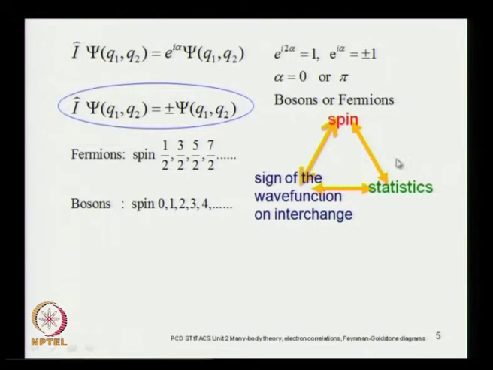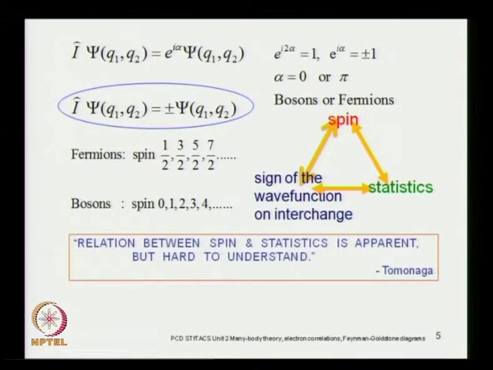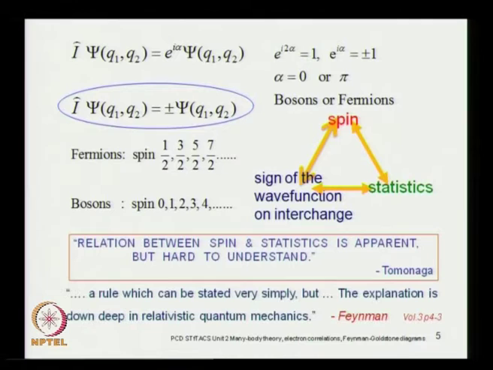So, this connection is rather interesting, and it is nevertheless not so easy to understand, as Tomonaga tells us in the statement that the relation between spin and statistics is apparent, but hard to understand. And I would like to quote Feynman one more time over here, that you have a rule which can be stated very simply, but the explanation is complicated, it lies deep down in relativistic quantum mechanics.